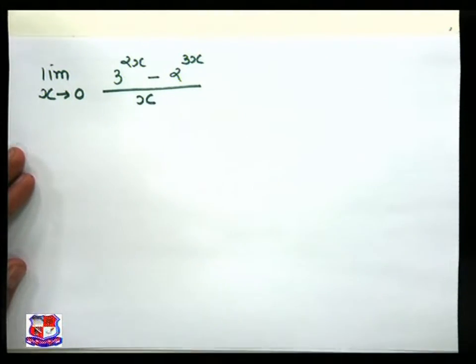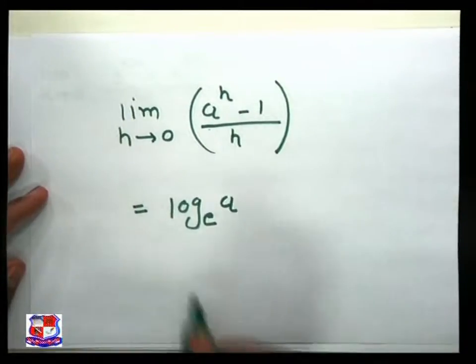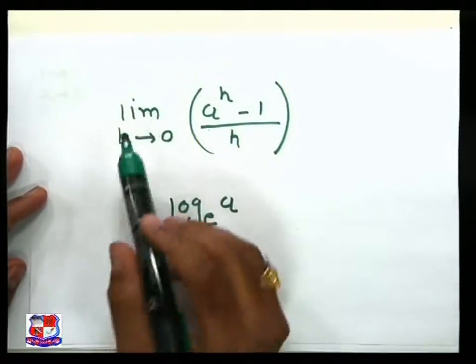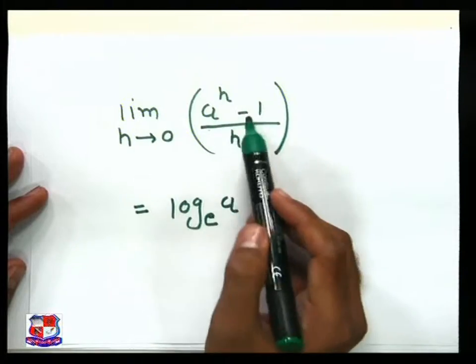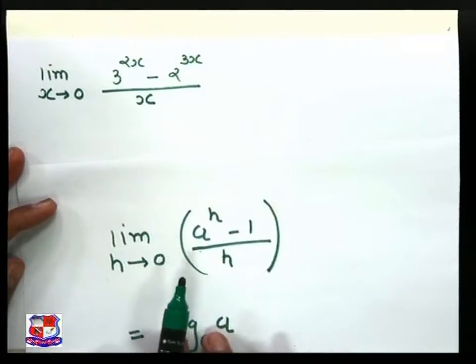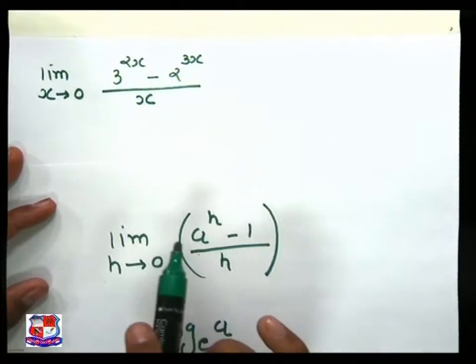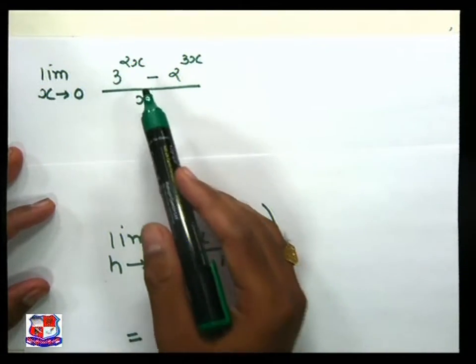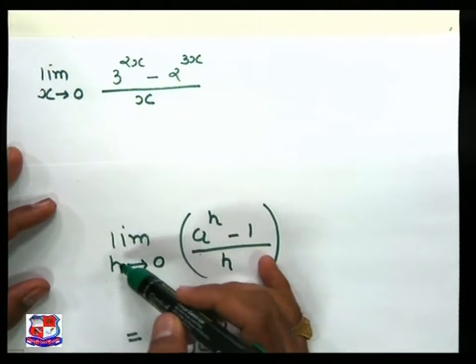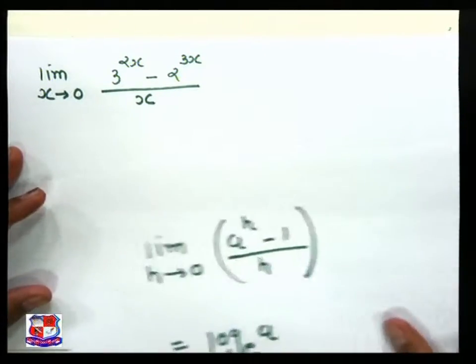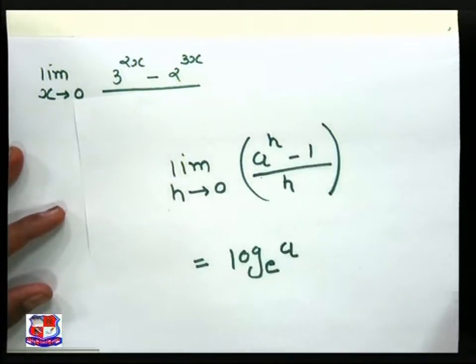Now just look at our formula, limit h tends to 0, a raised to h minus 1 upon h. No values are the same as in this formula, but we want to convert it to this type of formula. So we can convert it in this way.